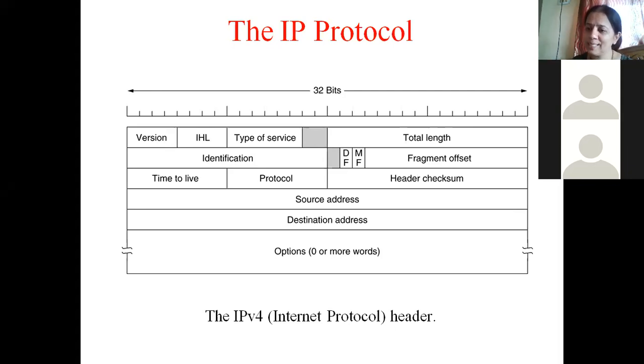I just gave you the example of throughput or reliability or delay. Combinations of bits are used to indicate which service we are giving priority to, whether throughput or reliability or delay, and there can be others also.